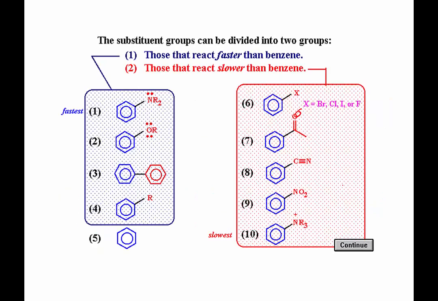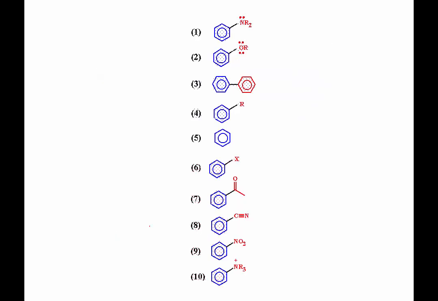So here's my table of 10. Of 10 things, only 9 of them are relevant because this hydrogen, that's always the baseline. So what I need to do is rewrite this table like that.